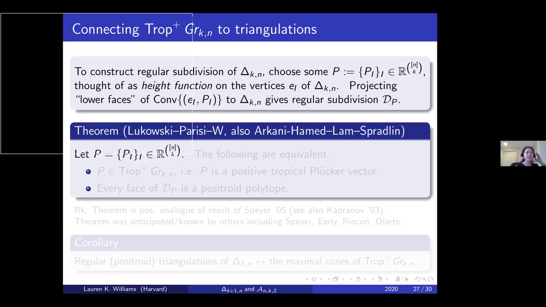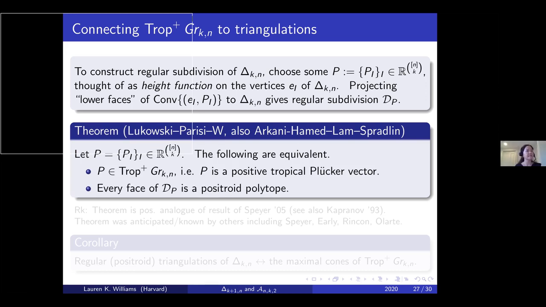And so what we showed was that if P is a vector in R to the n choose k, then the following statements are equivalent. The first statement is that P is a positive tropical Plücker vector. And the second statement is that every face of D sub P is a positroid polytope. Or in other words, we have found a decomposition of the hypersimplex into positroid polytopes.